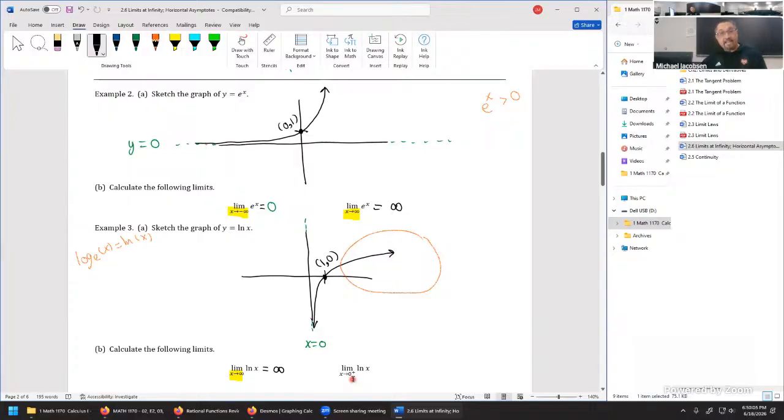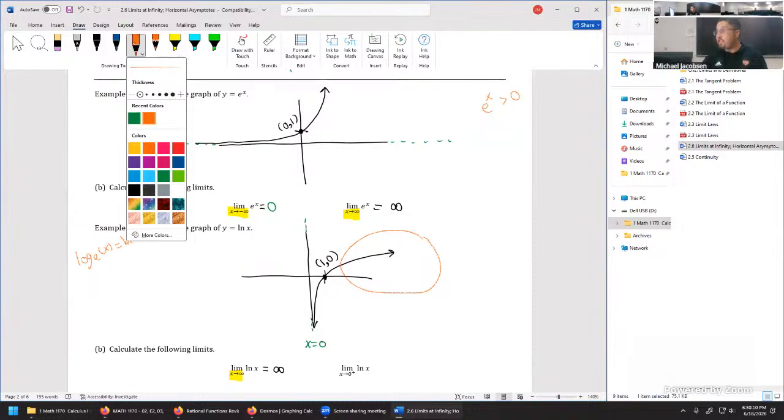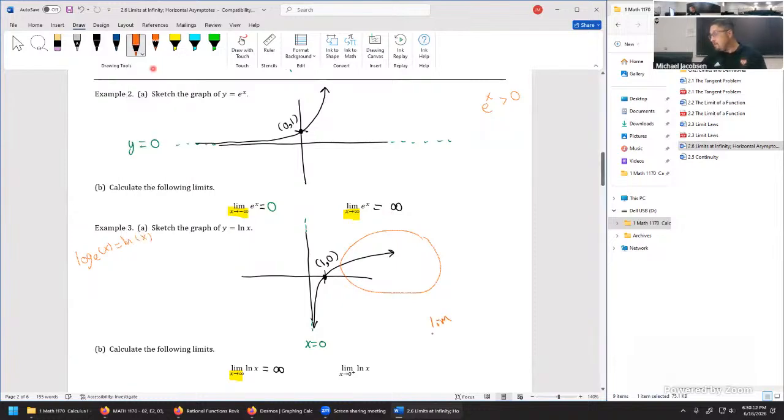So we had to take a right-handed limit specifically. And that is really very specific because the limit as x tends towards zero of natural log x does not exist at all. You have to take that specific right-sided limit.